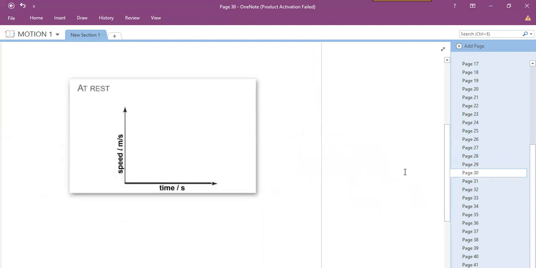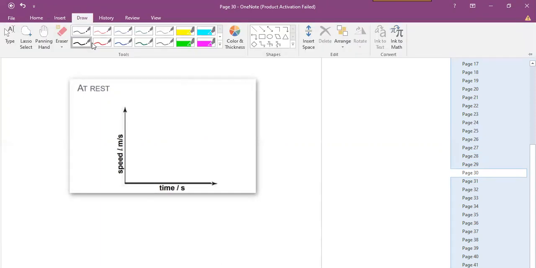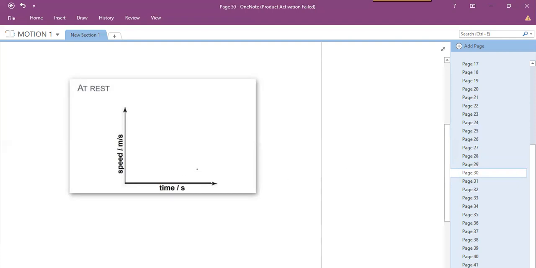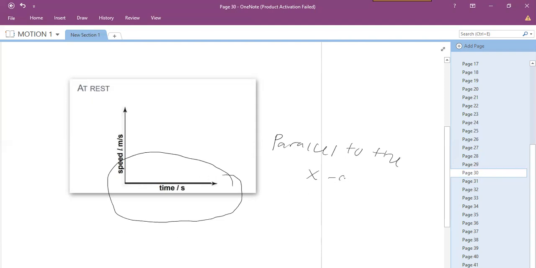So we're going to start off with a straight slope like that, starting at the zero axis. A line that's parallel to the x-axis means the car is at rest.